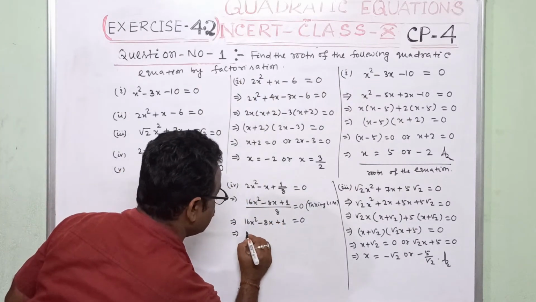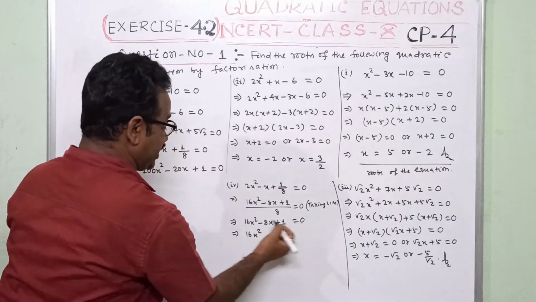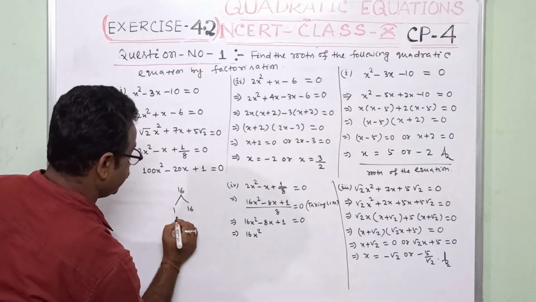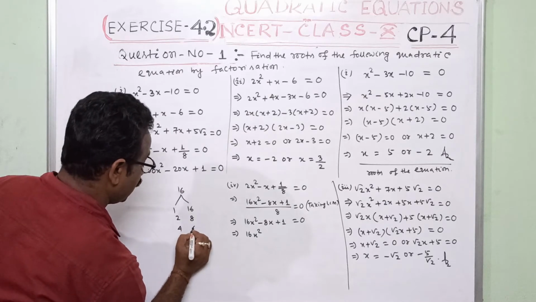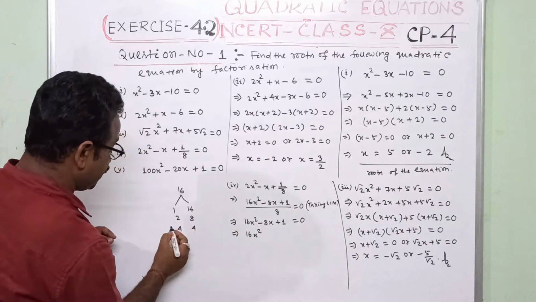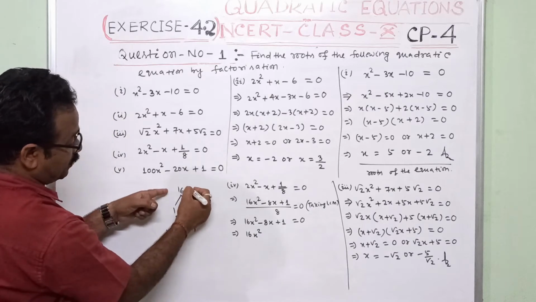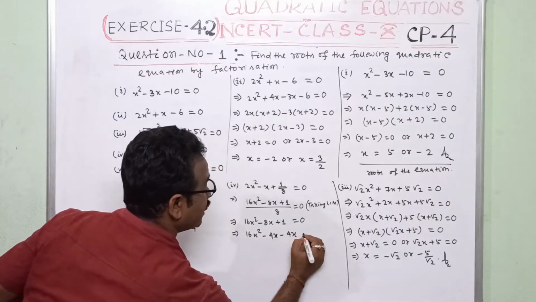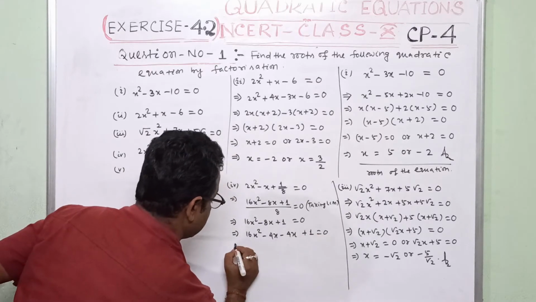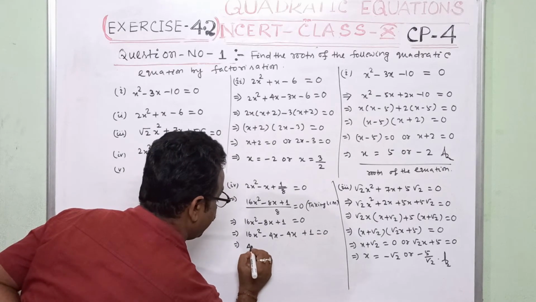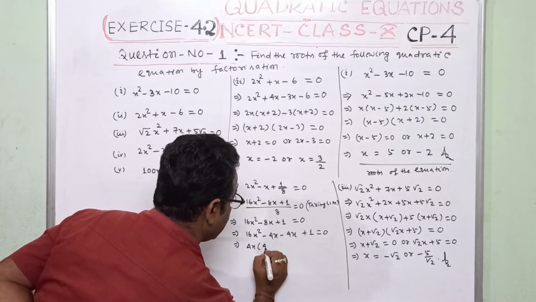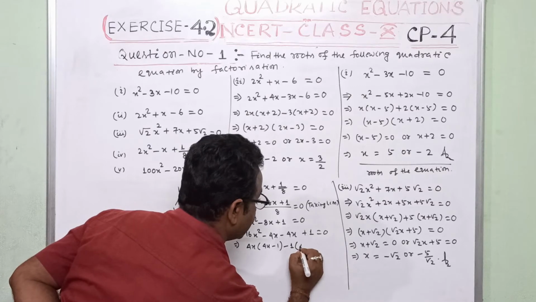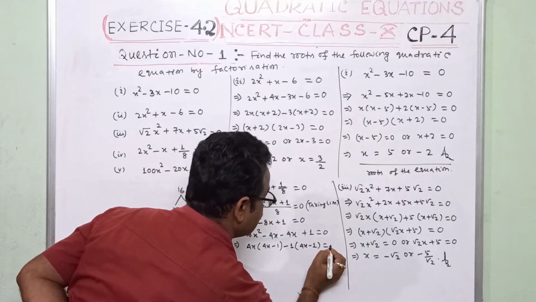So 16x square: 16, 1, 16, 2, 8, 4, 4. So minus 8 is minus 4 into minus 4 plus 16x square minus 4x minus 4x plus 1 is equal to 0. That implies 4x into 4x minus 1 minus 1 into 4x minus 1 is equal to 0.